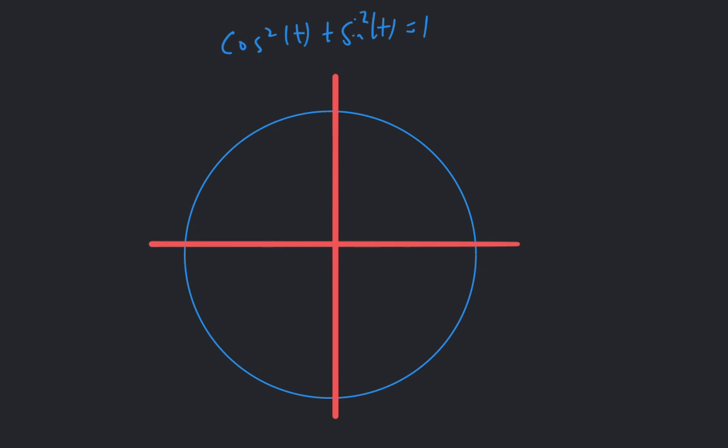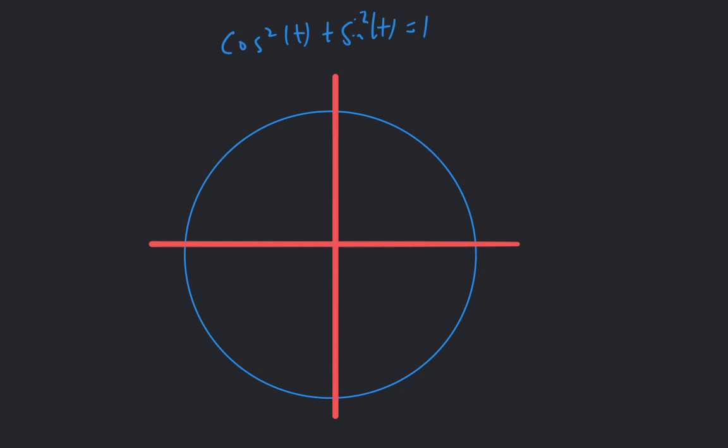And we now have values that are positive and negative for the different trig functions. When the x values are negative in this area, the cosine values will be negative, and when we are below the x-axis, the y values are negative, and the sine of x is negative in these regions.